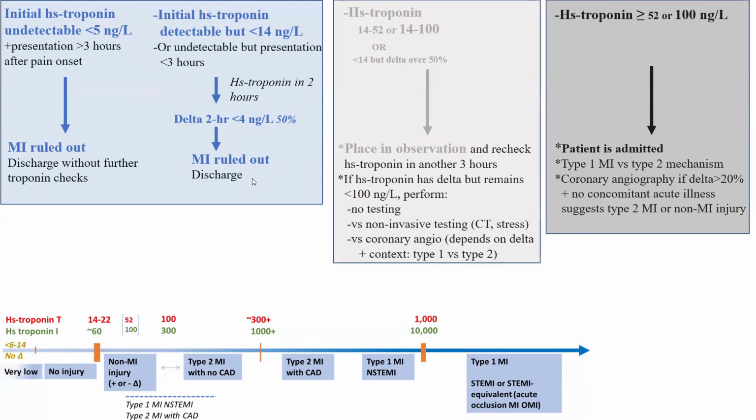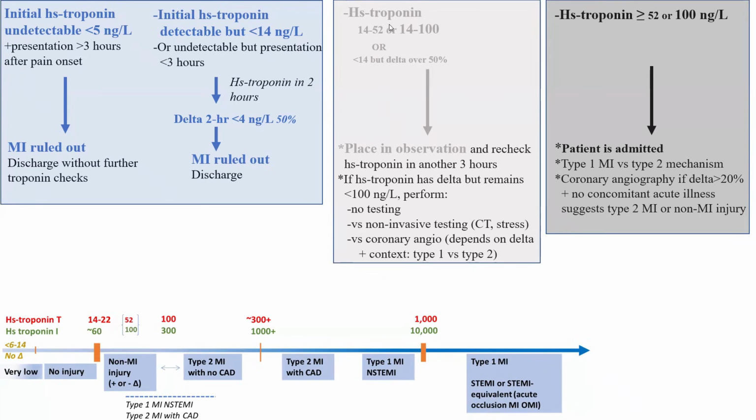It's actually as safe, if not safer, to discharge those patients home with those troponin values than after a negative stress test. It has at least as strong of a negative predictive value for MI at 30 days as a negative stress test.